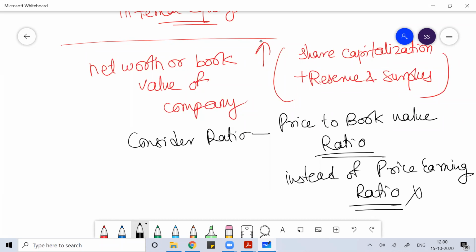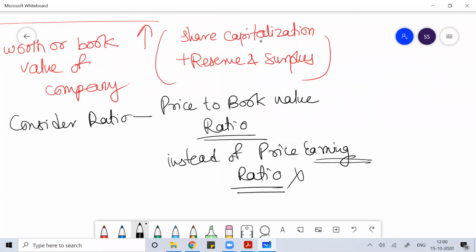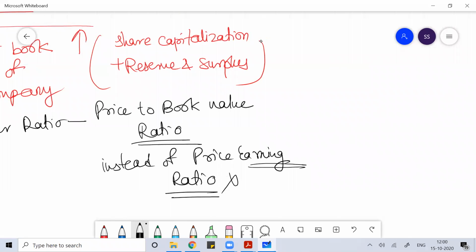When I talk about earning, what is it? Earning is the net profit of the company, and that net profit you can get by doing a lot of accounting adjustments. So earning does not talk about the cash position of the company.